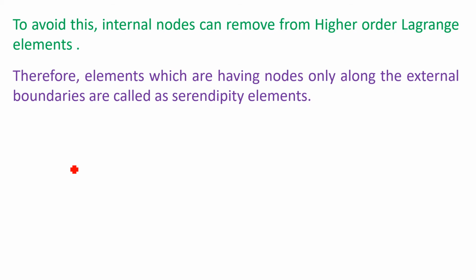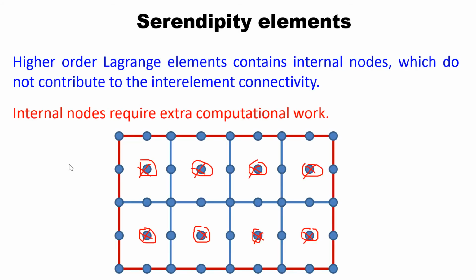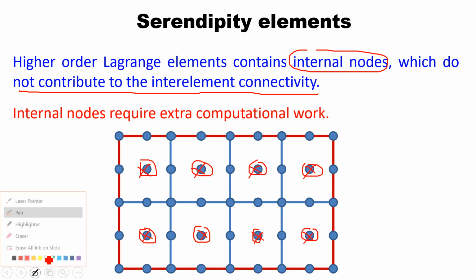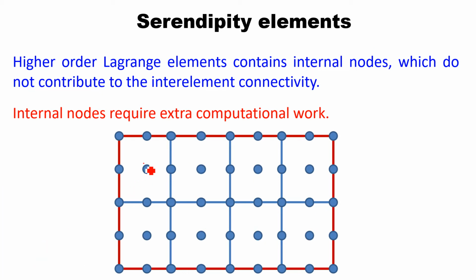So I repeat again, higher order Lagrangian elements contain internal nodes, but these internal nodes do not contribute to the inter-element connectivity. These nodes are not used to connect two elements, and because of that they increase the computational part of the mathematical formulation.